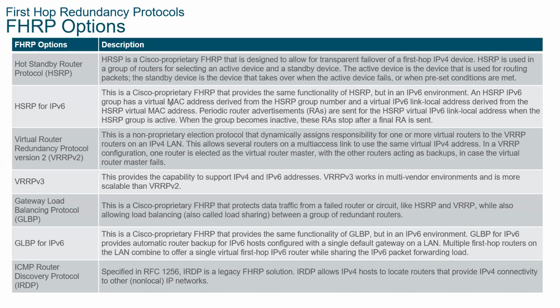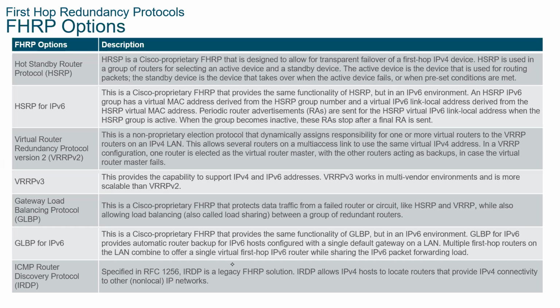Here we have a comparison of the options we have for the redundancy protocols. Number one, we have HSRP, which is the Cisco proprietary protocol. This one makes use of active and standby routers. So we have one active, then we have another standby, then we have other routers in the group.